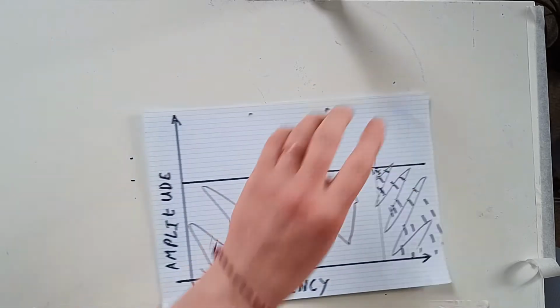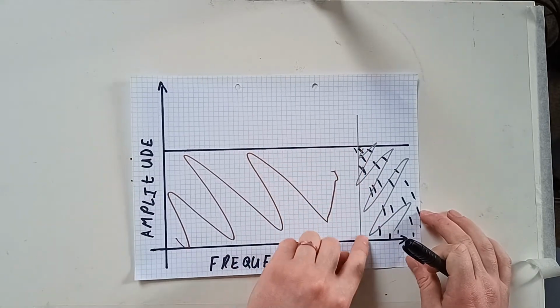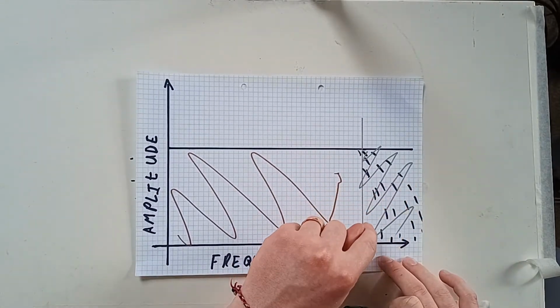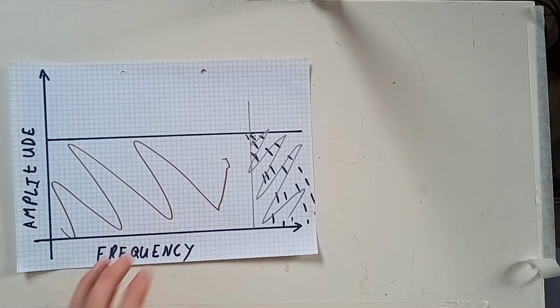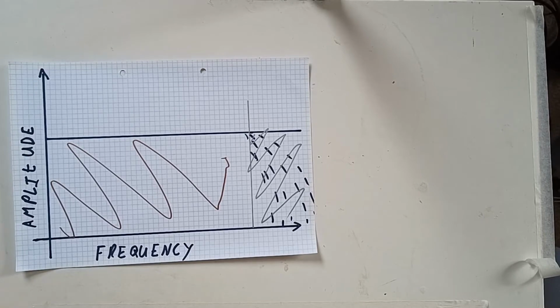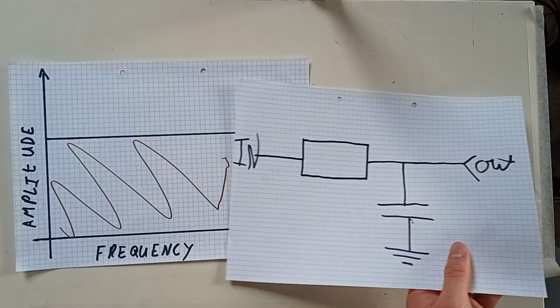The other point I'd like to mention is earlier when I had this graph and I was talking about an ideal filter, and then I was mentioning the different orders, the way you'd construct a second order filter is almost identical to your first order filter, which I have here.